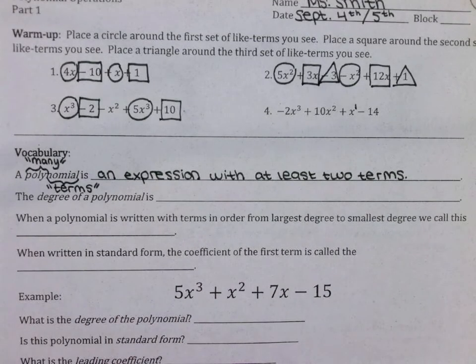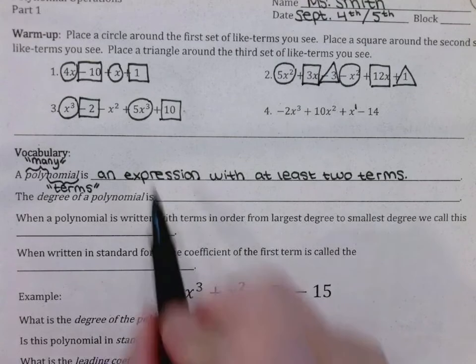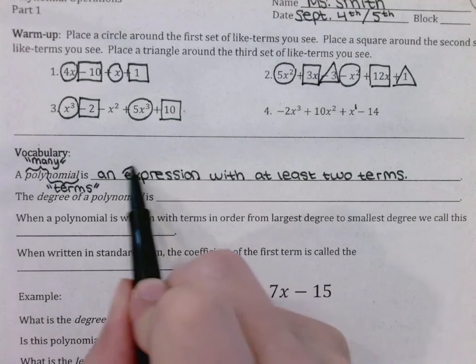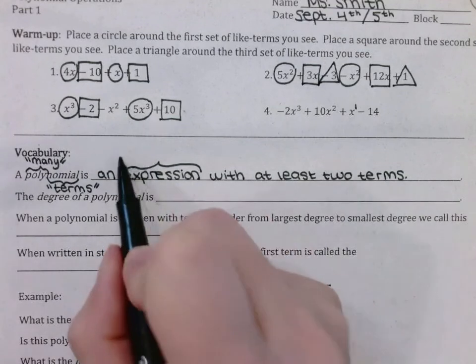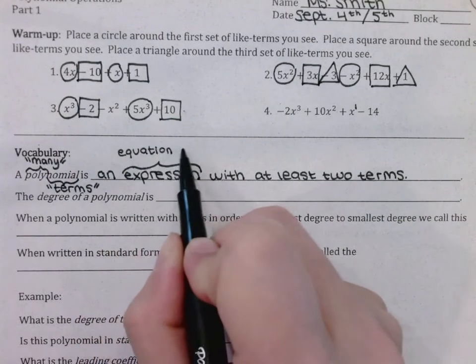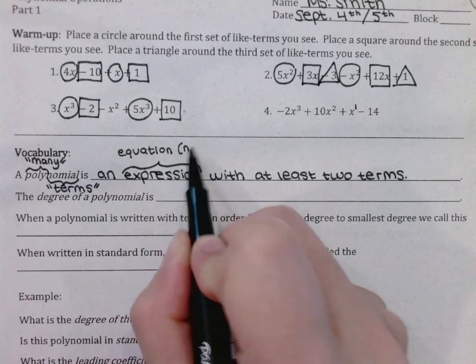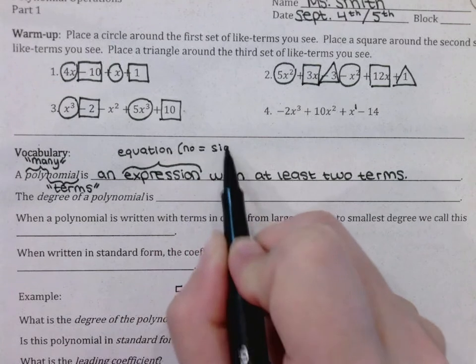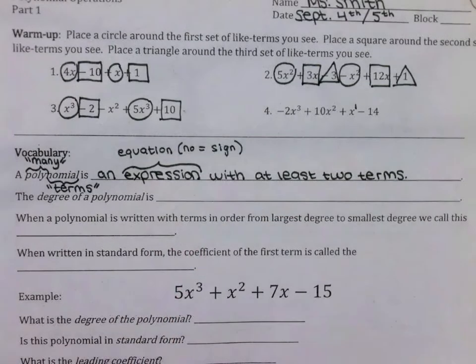Everything we work with here is going to be a polynomial. And by expression, if you're confused about this word, it's like an equation with no equal sign. That's all an expression is. So you can kind of think of it like an equation, but there's no equal sign.